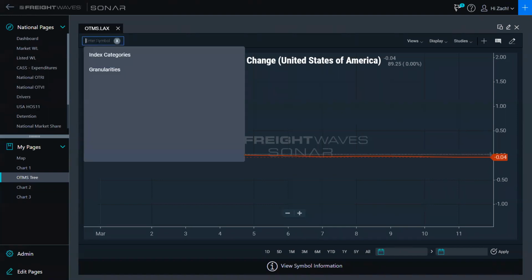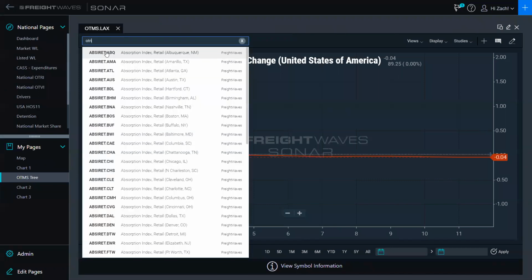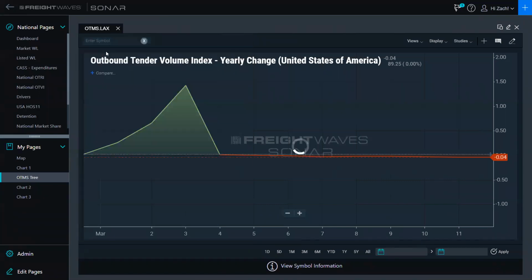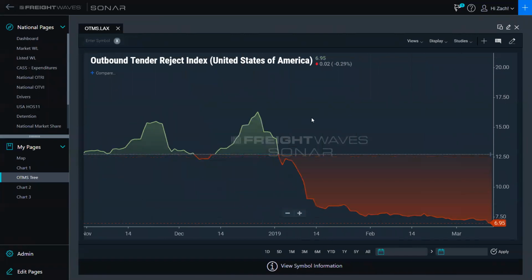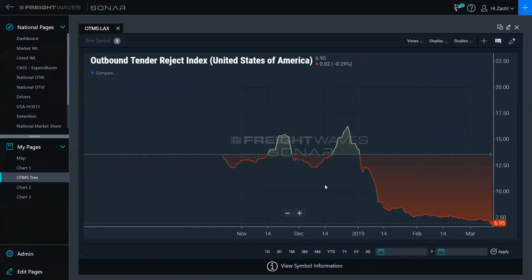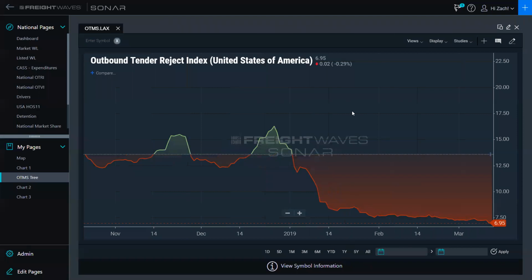What does that mean in terms of capacity is probably the best question. Volume does not always mean that capacity is impacted at the same time. Market balance is actually the key, and that's what we measure in SONAR. A lot of these other indices are simply there to add color and reason as to why we're seeing rate pressure go up or down.